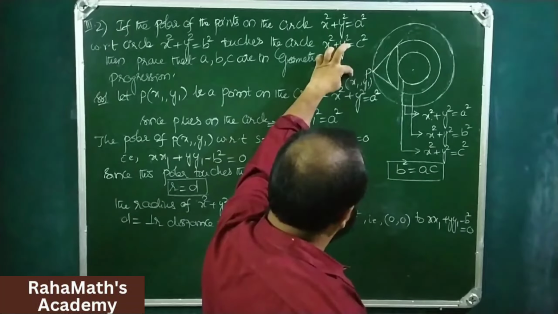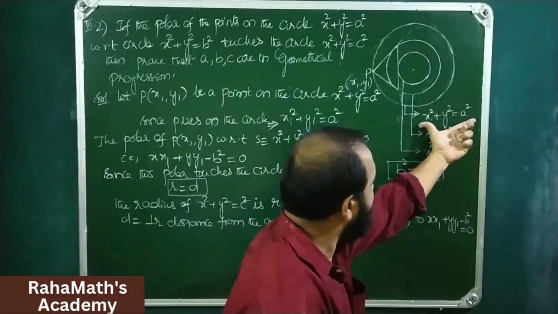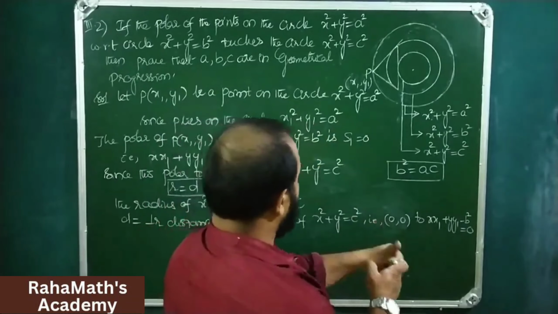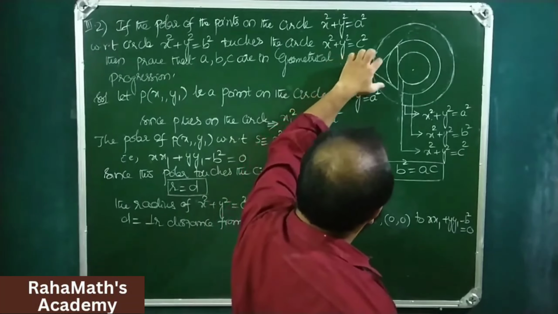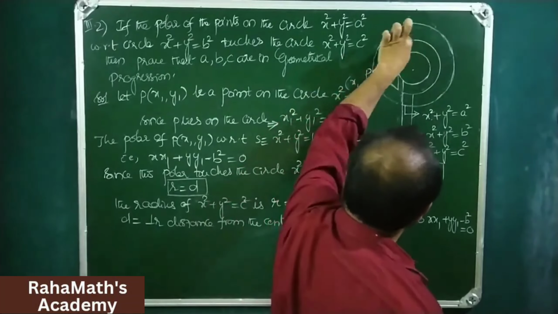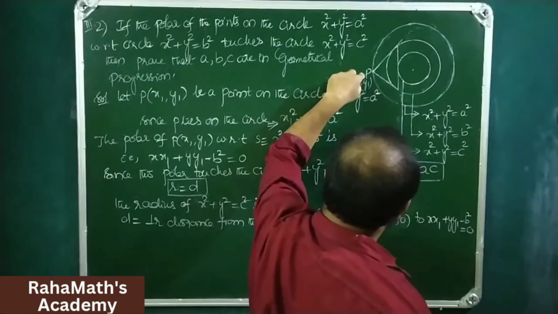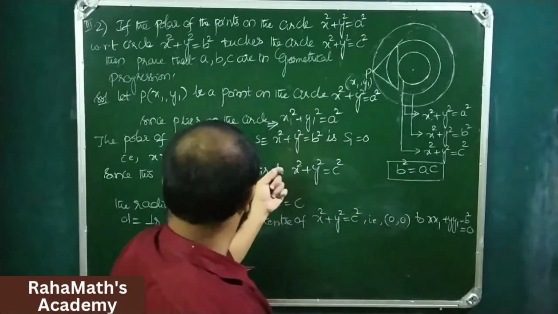If P lies on the outermost circle, P has to satisfy the equation. Therefore, x1 square plus y1 square equals a square, point number 1. If P is a point, the polar of P with respect to the middle circle x square plus y square equals b square is S1 equals 0.